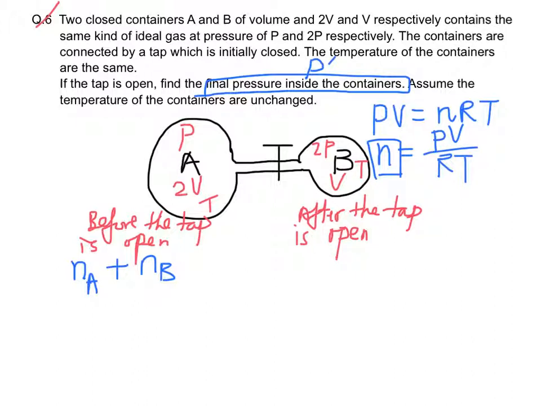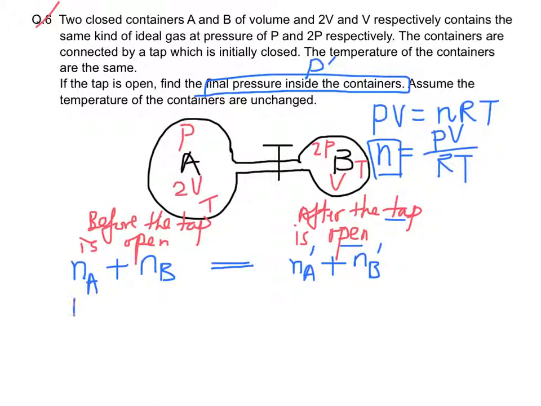The sum of this is Na plus Nb. When the tap is open, the number of mole of gas in A becomes N'A and the number of mole of gas in B becomes N'B. The sum of them is N'A plus N'B. Since the total number of mole of gas remain the same, we got these two are equal.